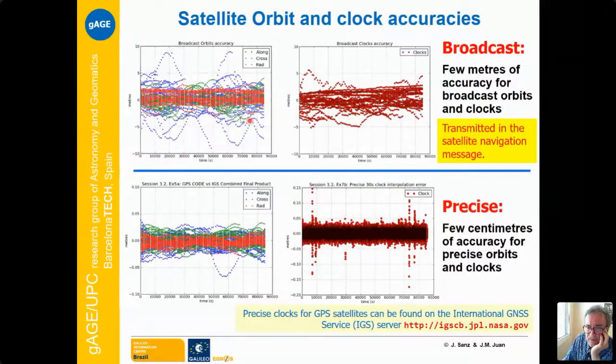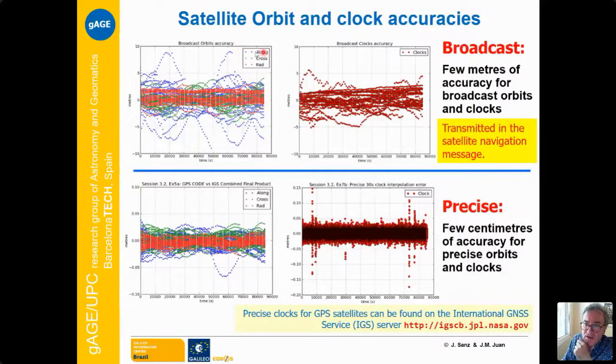Here we have plots at the top. The plots at the top correspond to the broadcast data. And here we have, as a function of time for 24 hours, the errors in the radial, along track, and cross track components. Radial is in the direction of the Earth center. This is from satellite to Earth center, radial.